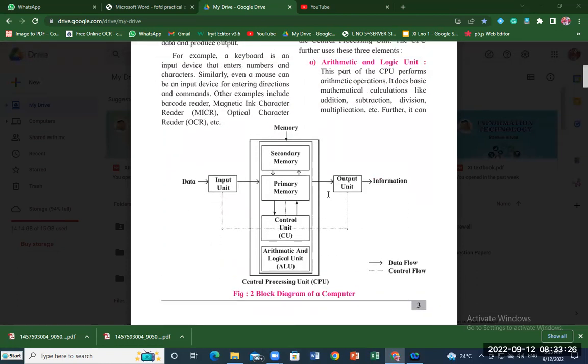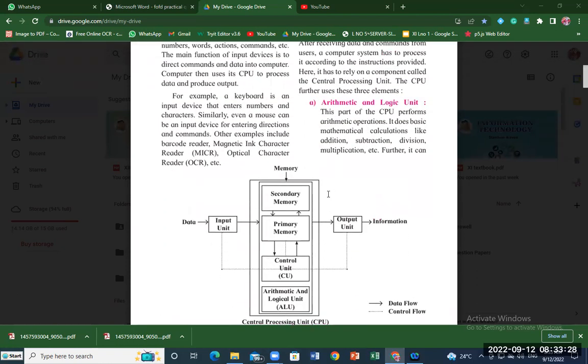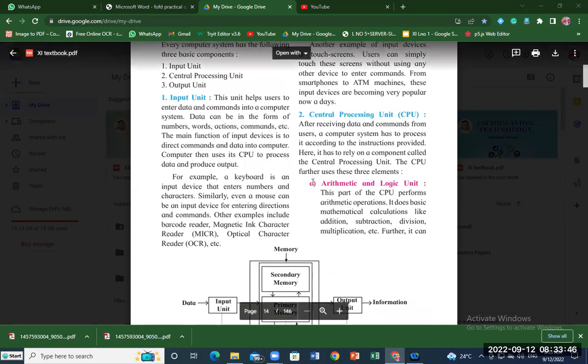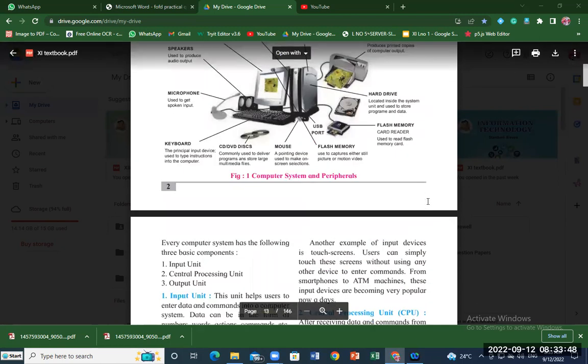I am giving certain directions with the mouse, not using my keyboard. So this is also one kind of input device. Other examples include barcode reader, magnetic ink character reader, MICR, optical character reader, OCR, and many more. Just Google search for these three devices and let me know tomorrow.